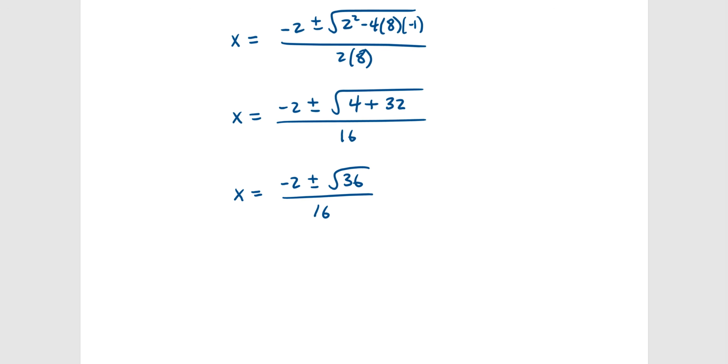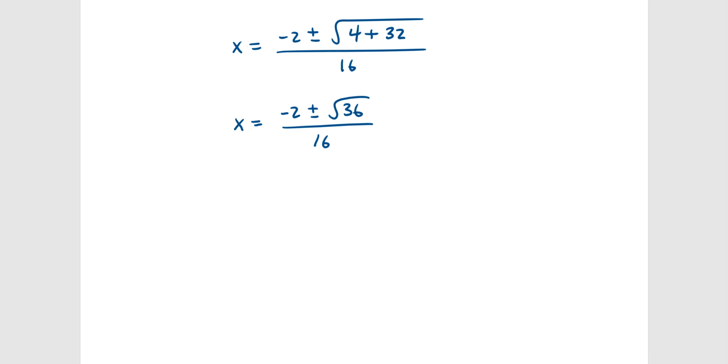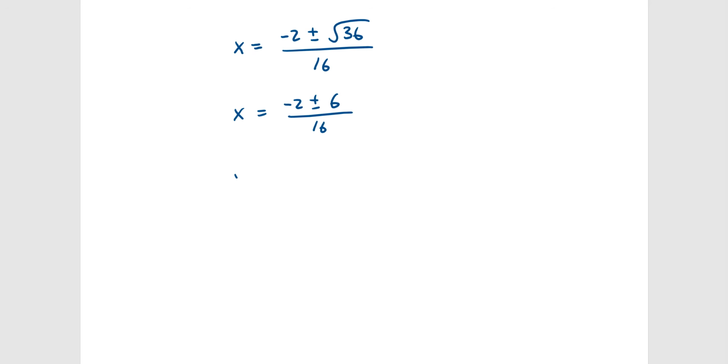Once again, 36 is a perfect square here, so we can simplify this. It's -2 plus or minus 6 over 16. And we can split these up into our two separate solutions. That's x equals -2 minus 6 over 16, or x equals -2 plus 6 over 16.